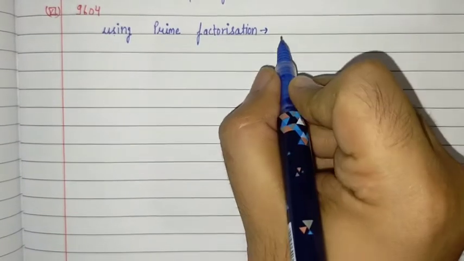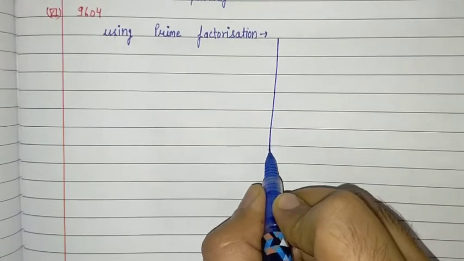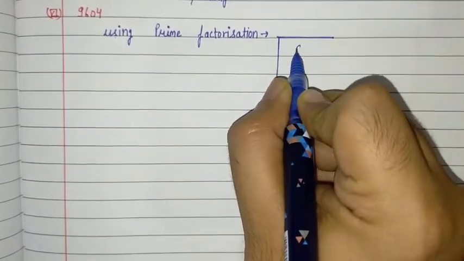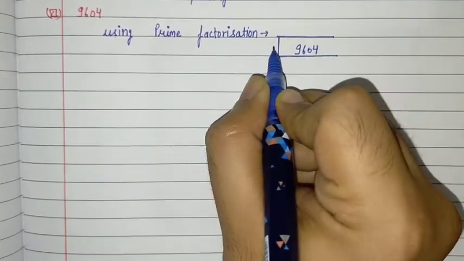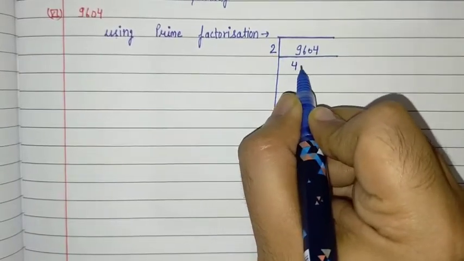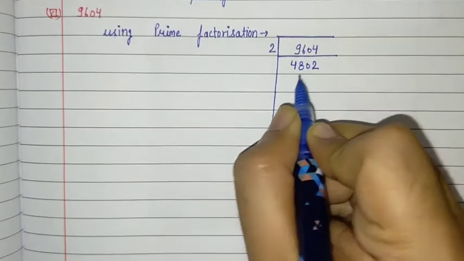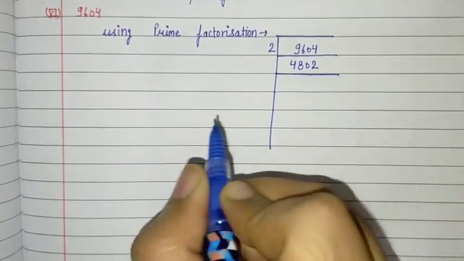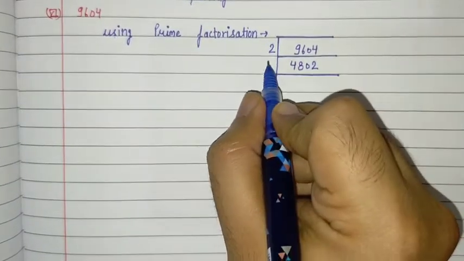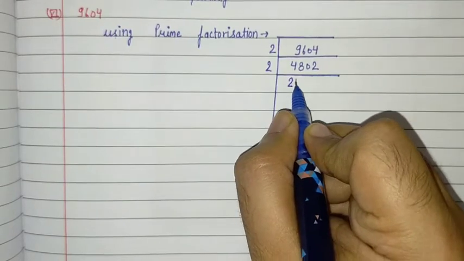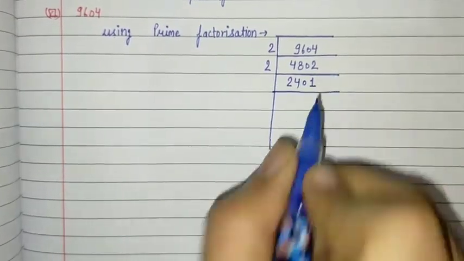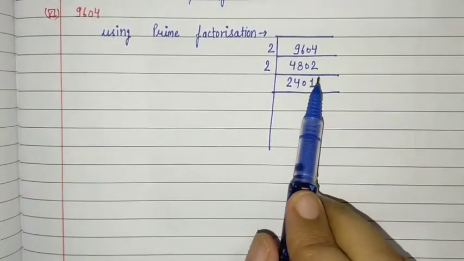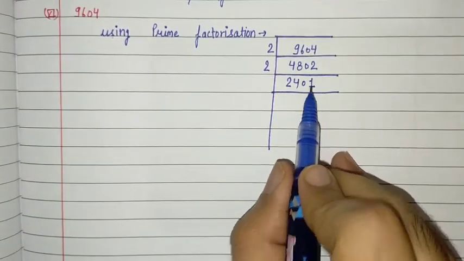Using prime factorization, we will find the prime factors of this number. This number is even, the last digit is 4, so divide by 2 and you will get 4802. Again divide by 2 and you get 2401. Now it is not divisible by 2 because the last digit is 1.